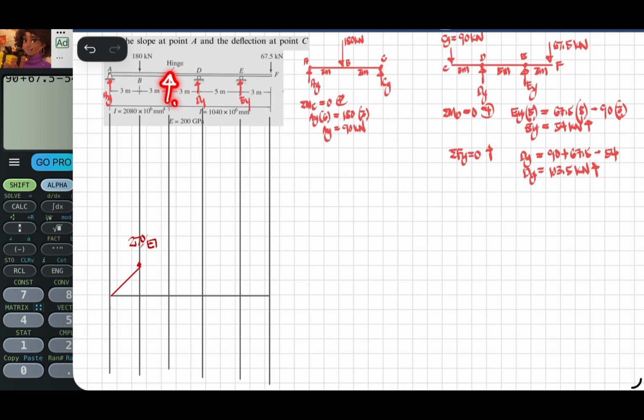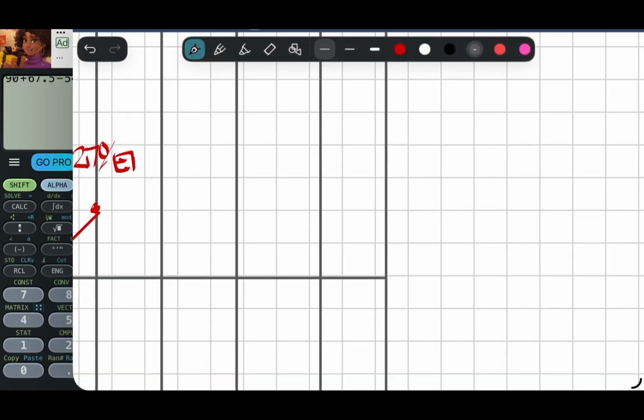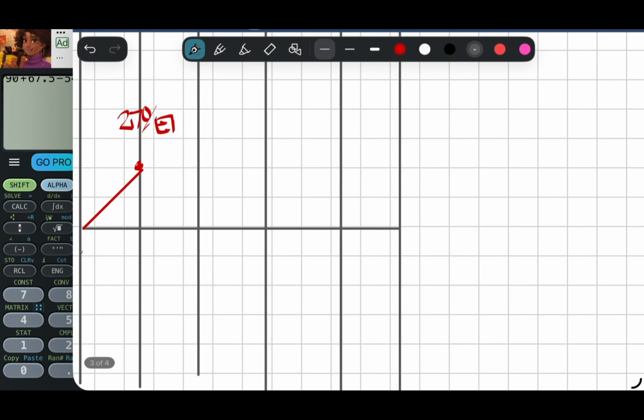We have CY, which is 90. So the moment at B is equal to 90 times 3, the same value of 270. If you want to know the moment at C, it is equal to AY times 6 minus 180 times 3, or the value for M at C is 0.